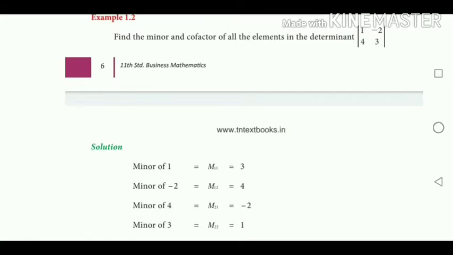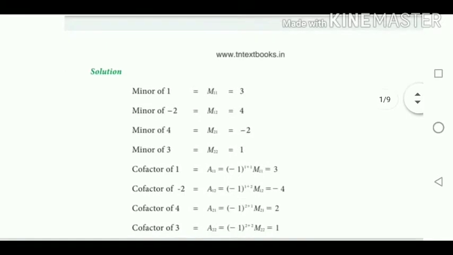After finding these minors, we are giving the sign in order to find the cofactor. Here m11 equal to 3. Then the cofactor of 1 equals 3 into minus 1 power, it stands in the first row and first column, that is a11. Here 1 plus 1 is 2, minus 1 power 2 becomes plus 1.